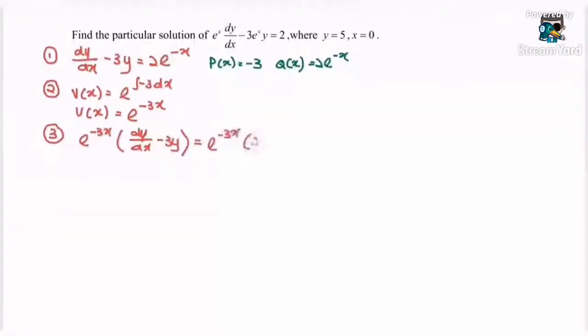Step number 4, simplify the situation. d/dx bracket e^negative 3x multiply with y is equals to 2 multiply with e to the power of negative 4x.